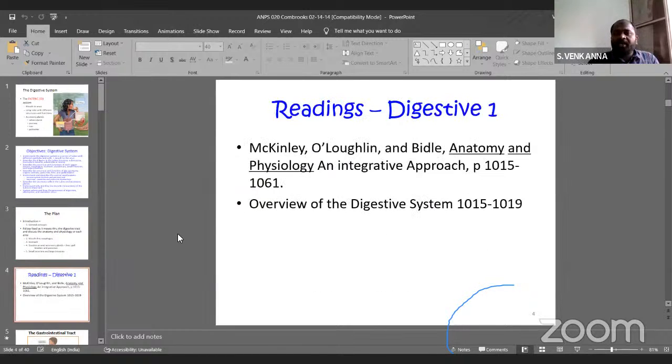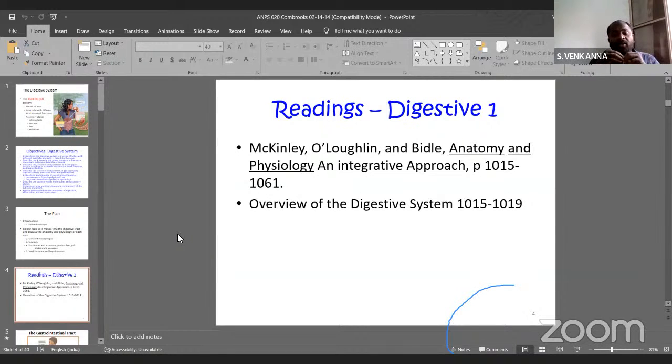See the next slide, the readings on digestion. The Mcklin book on anatomy and physiology, the complete approach, is very helpful for an overview of the digestive system and completing your syllabus. Digestion of carbohydrates, proteins, and acids, so amino acids and essential amino acids.